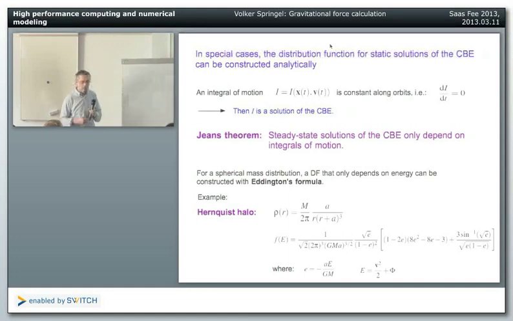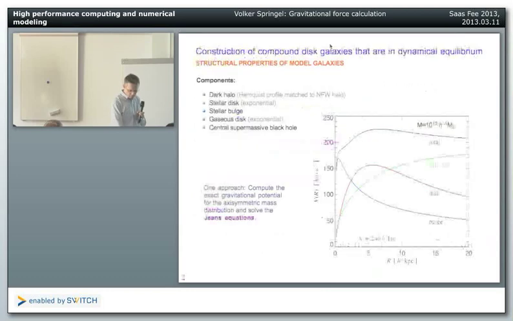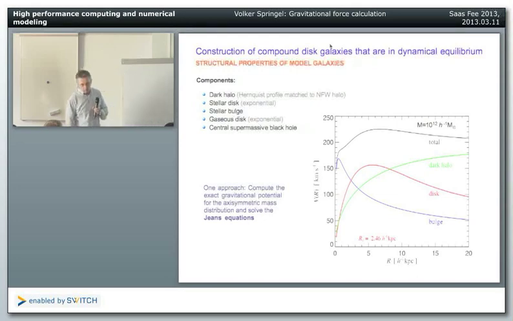You can set up this mass density field and then the velocity distribution at every point described by this distribution function. This works in some rare cases. There are a few more of these pairs of density profile and distribution function that are known, and if this is available, then you should use it, because that's really the best way to construct a model.